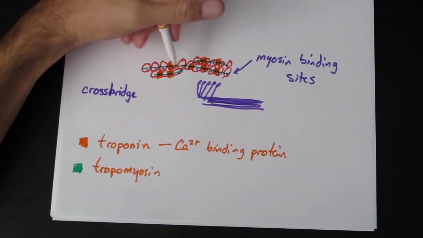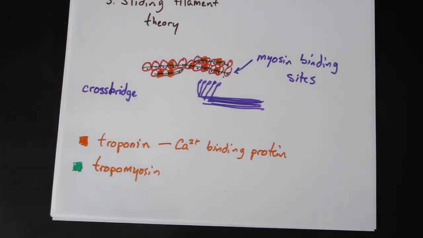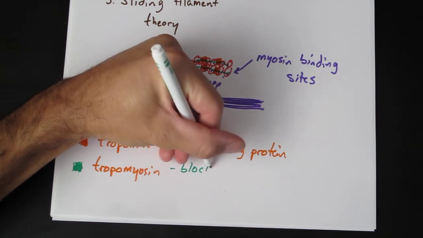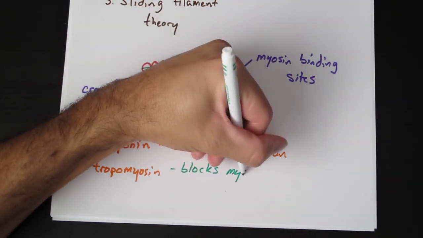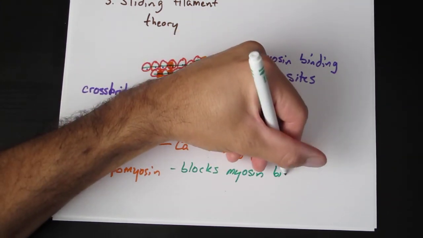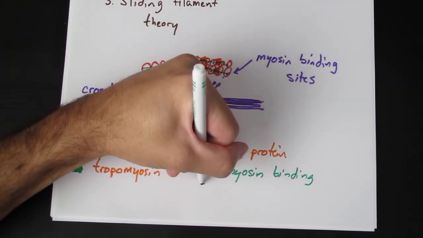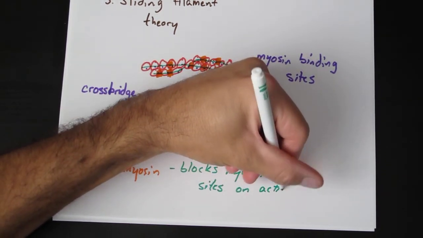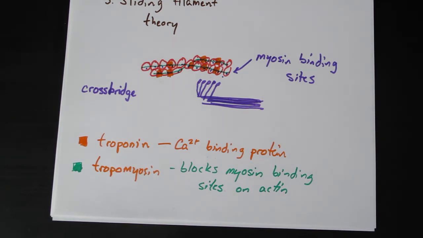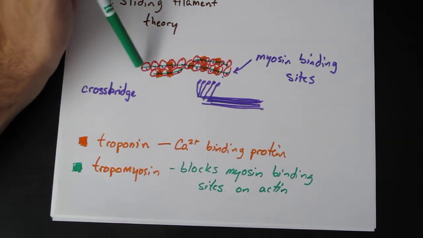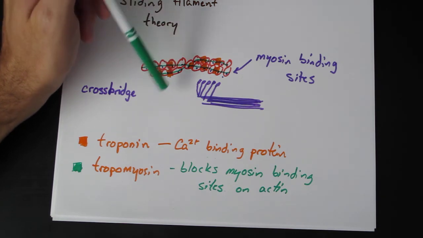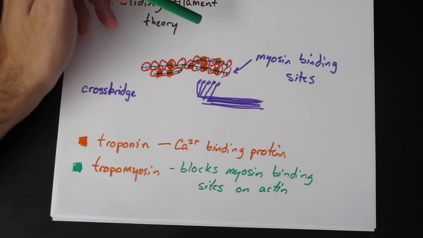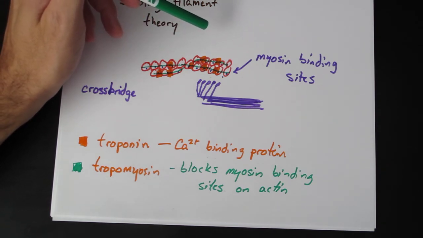So tropomyosin is blocking the myosin binding sites. I'll write that down here really quickly. It blocks myosin binding sites on actin, right? And troponin is a calcium binding protein that's also found in this kind of protein complex that we have here.